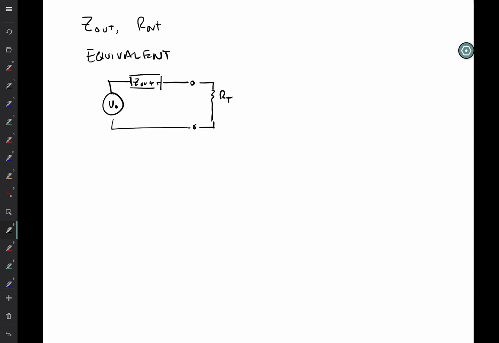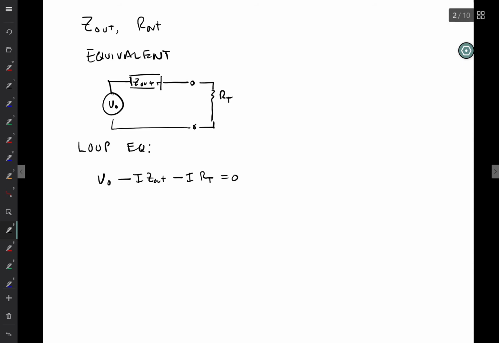Another way to write this is to say, let there be some loop equation, and I will write it as follows. V out minus the current times Z out minus the current times R test must be equal to 0 by Kirchhoff's loop rule.